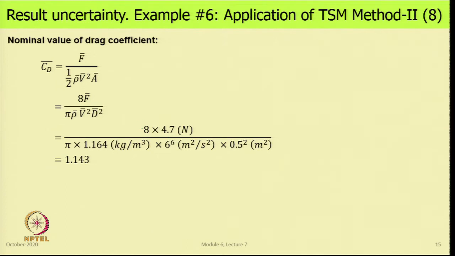Our drag force, which is given in the problem statement, was 4.7 newtons. Density we just calculated. The velocity is 6 meter per second, squared, into 0.5 square meters, this is the diameter. When you do that calculation, we get 1.143. So, the nominal value of drag coefficient is 1.143.